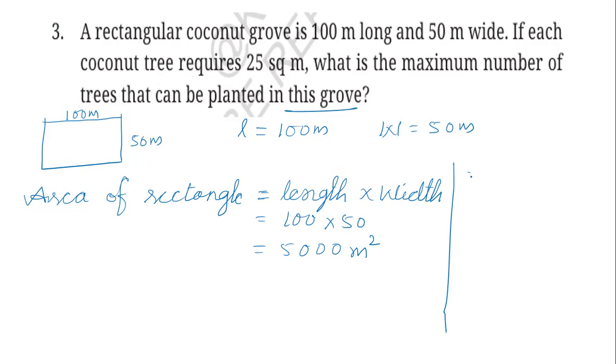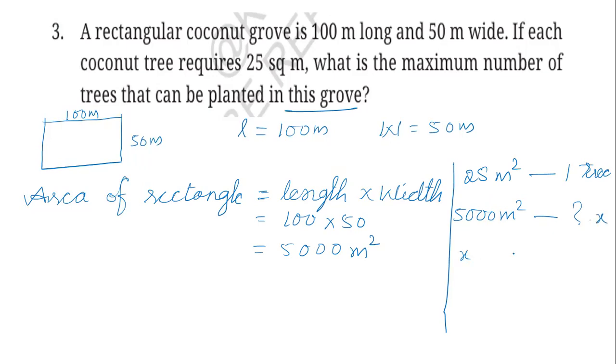Now, for 25 meter square, one tree. Then, for 5,000 meter square, how many trees? We don't know, put it as x.